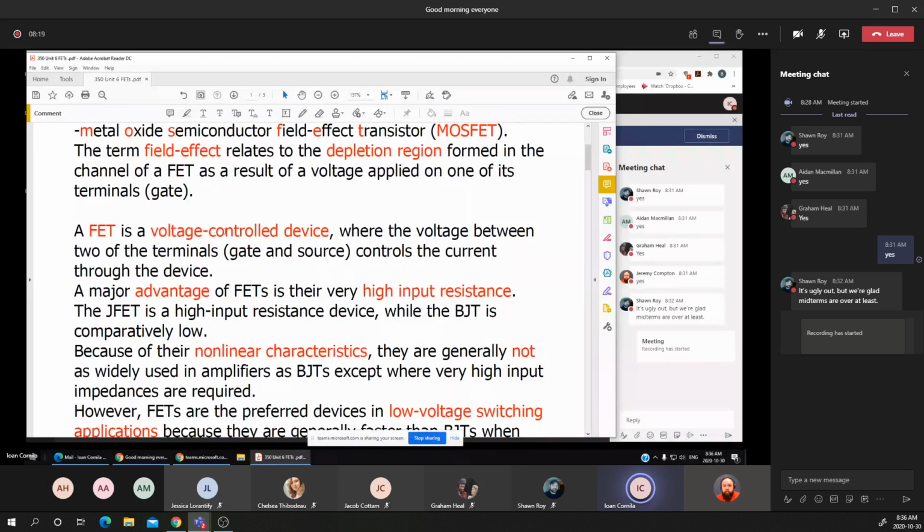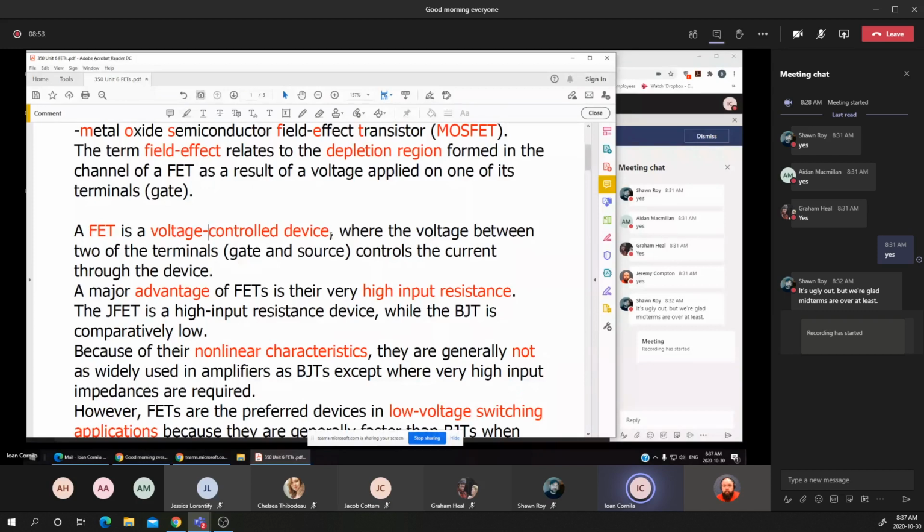In terms of the practical value for an FET, it's in the range of nano or picoamps. It means that in most portable devices, any kind of mobile devices, what we are seeing inside is an FET, a voltage control device.